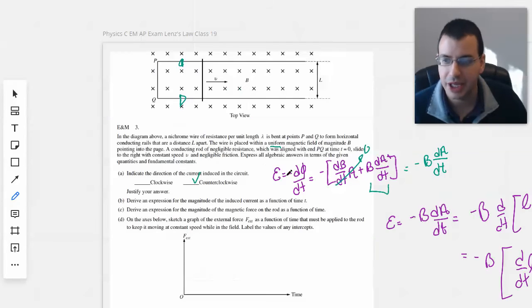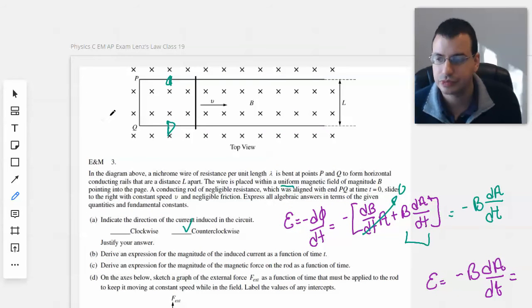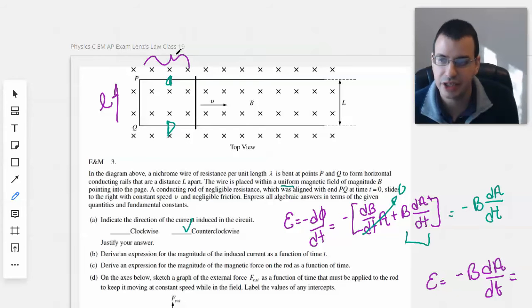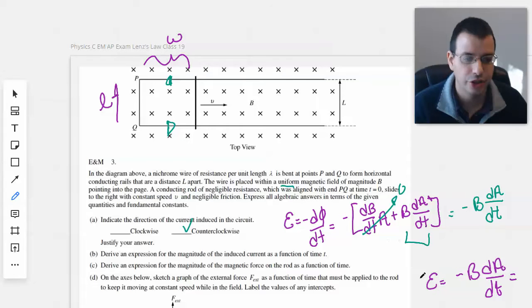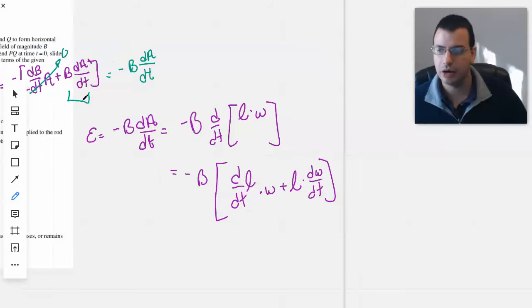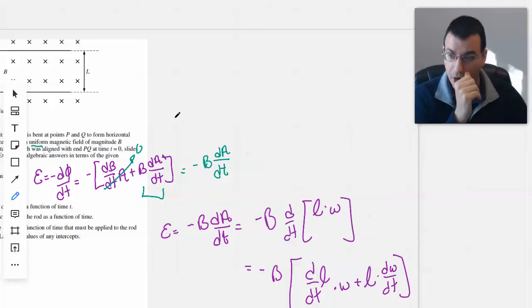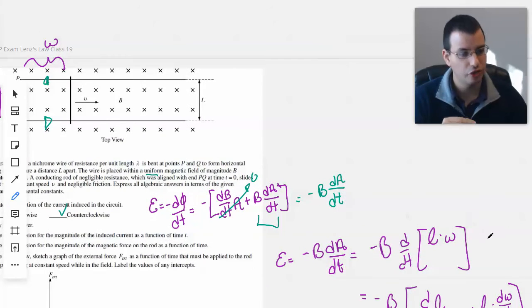Okay, and I'm saying that this will be length and this is width. So the width across the bar does not change with respect to time. L does not change, that's a constant. But width will, because it's moving.